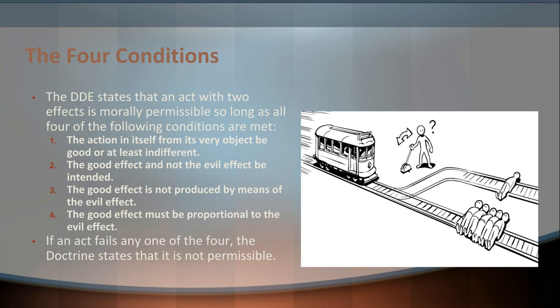So when we say that it needs to be good or at least indifferent, the act in question basically needs to just not be evil on its own. If we look at the trolley problem to help illustrate some of these different ideas, the trolley problem is one of the classic applications of this sort of idea.